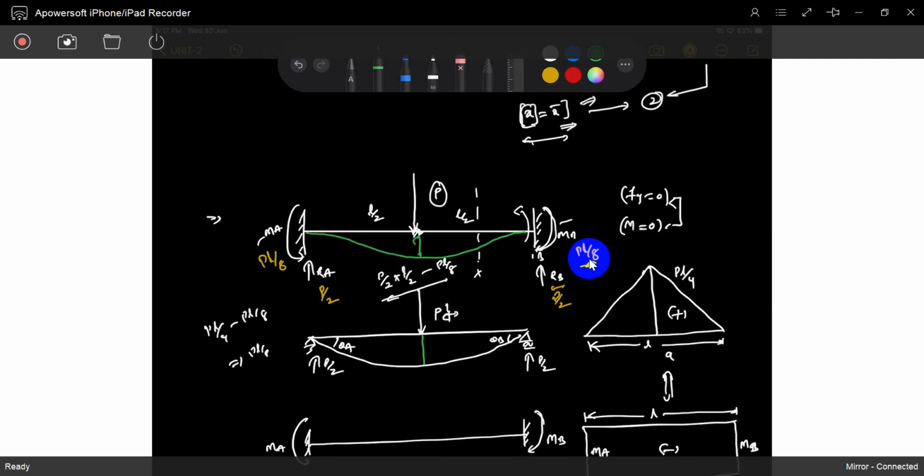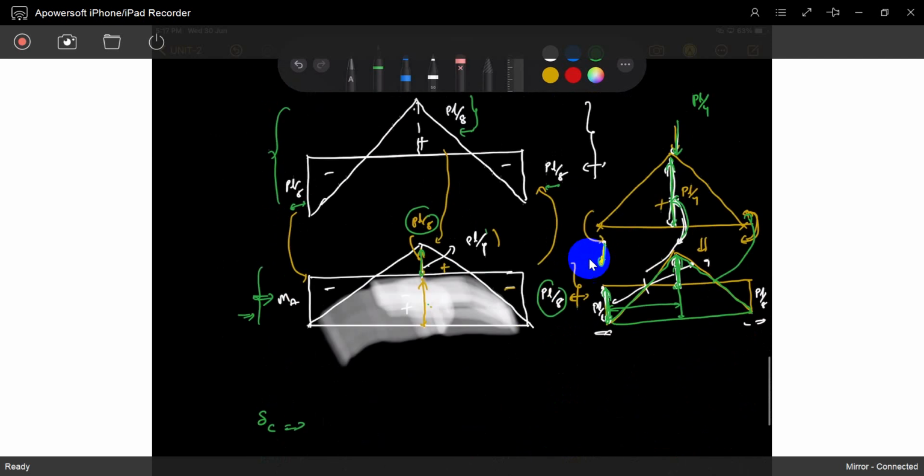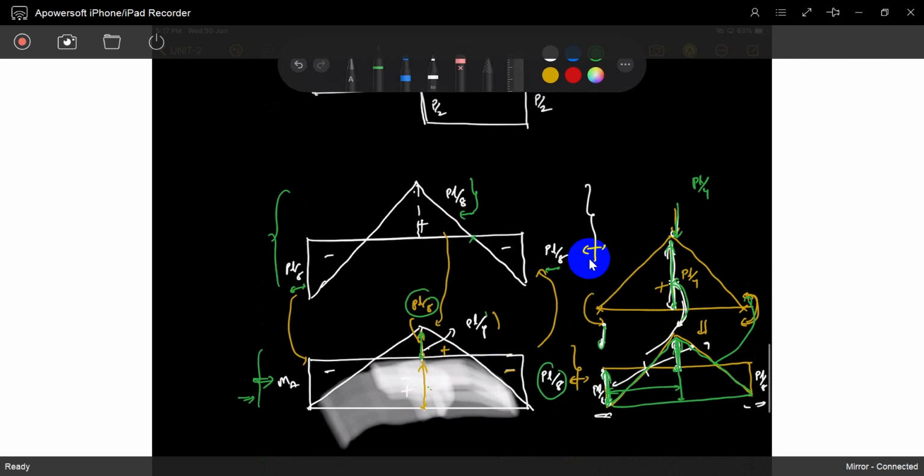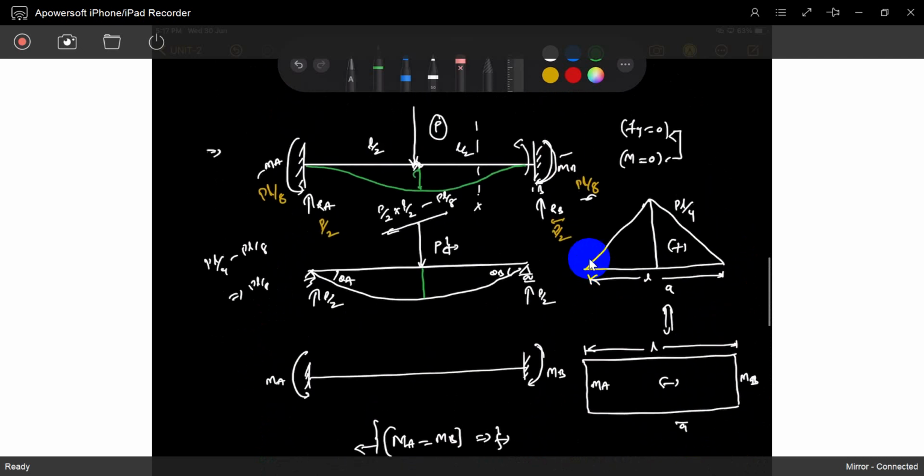If you observe it, two curvature changing points are there. It will come like this and change, it will come like this and change. So this zone, the curvature changes, no? So these are the two curvature changing points.